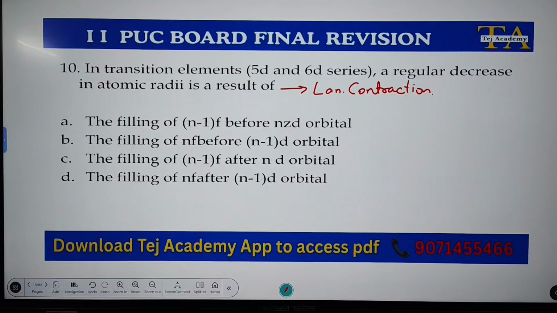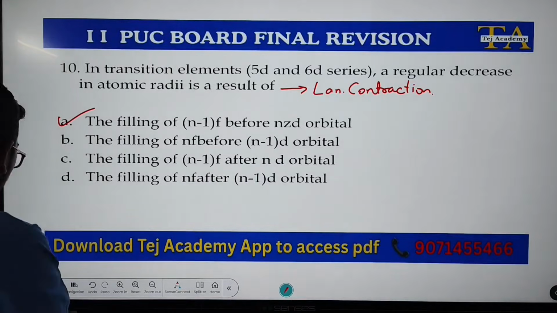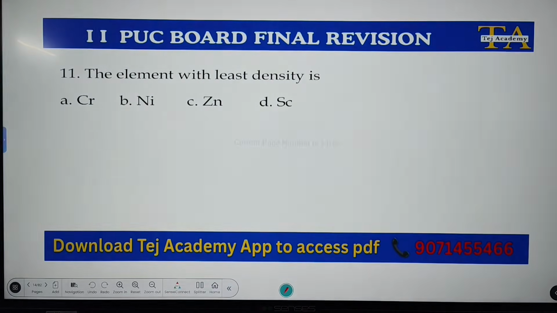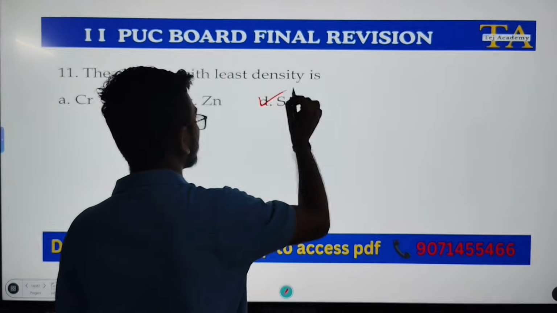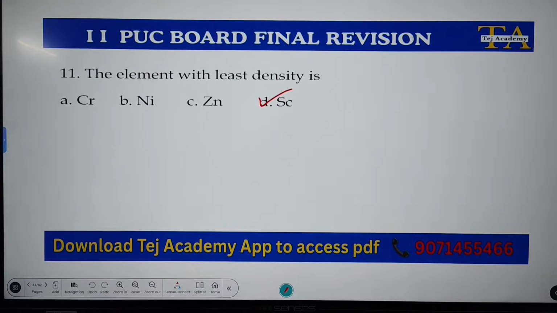So which option is correct? (n-1)f before ns. Option A is the right answer. Next, the element with least density. If this is a memory-based question, always remember scandium. Scandium is the element which has the least density.